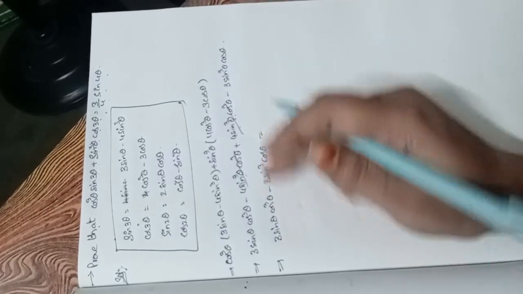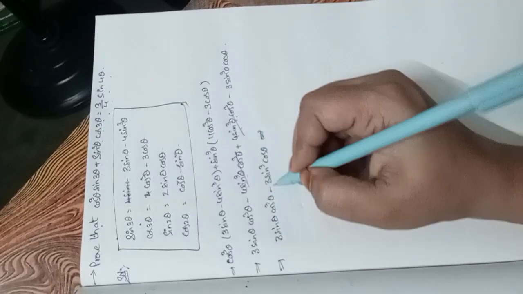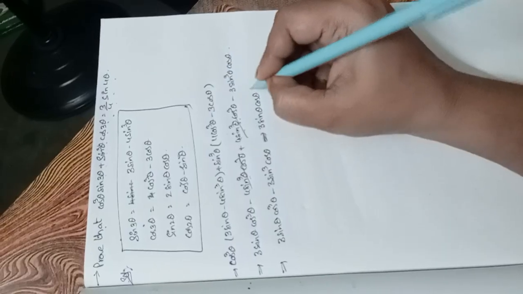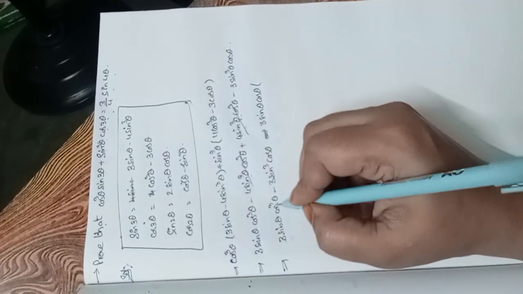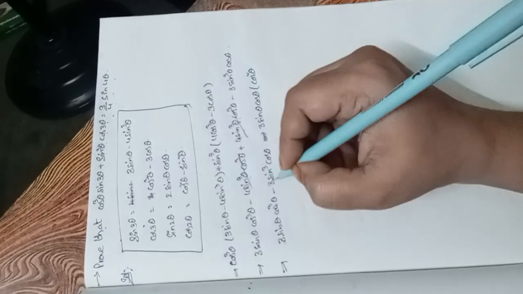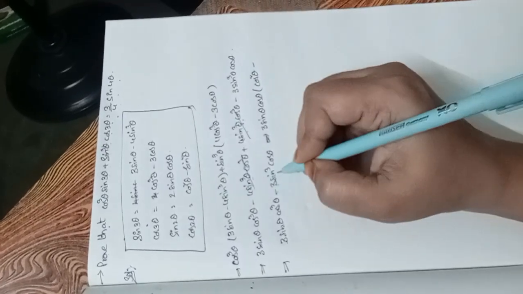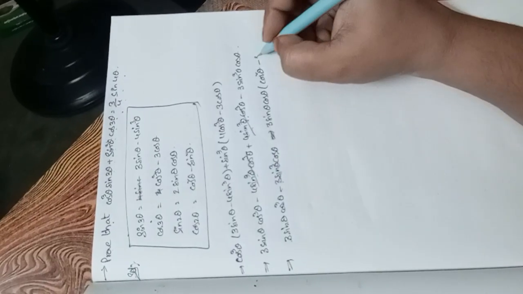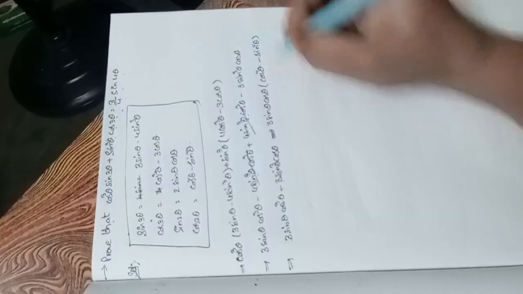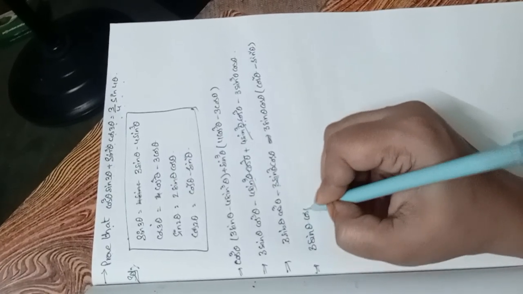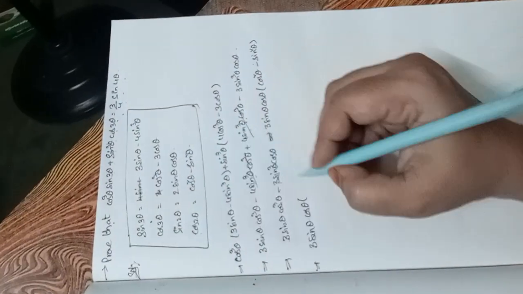In these two we can take 3 sin theta cos theta common. Here 3 sin theta is gone and one more cos theta is gone, so cos square theta remains. And here 3 sin theta is gone and one cos theta is gone, so sin square theta is left. That gives 3 sin theta cos theta into this formula, cos 2 theta.